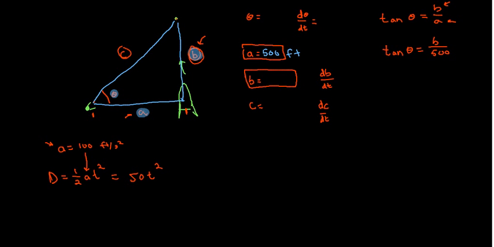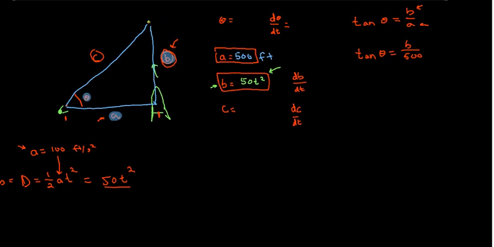B is going to be 50 t squared. It's nice to have a t in there because we're measuring this 3 seconds after launch. So seconds is going to be plugged in for t eventually. But of course, time is changing, the distance B is changing, so I can't plug in any numbers right now, but I can plug in that equation.